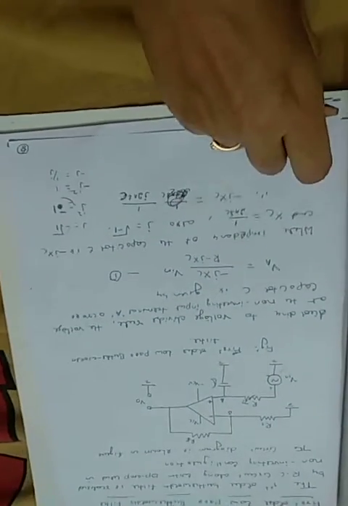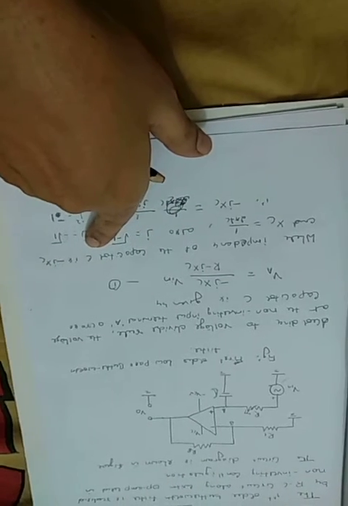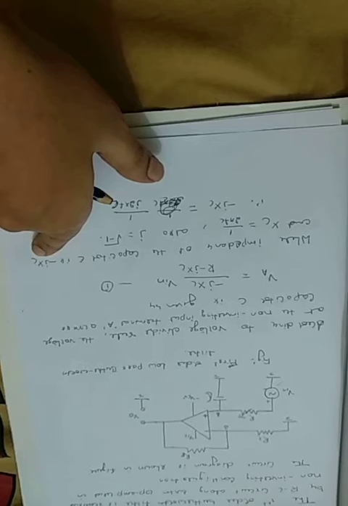Okay, so the voltage VA is this much, where XC is the impedance of the capacitor C, given by minus jXC.